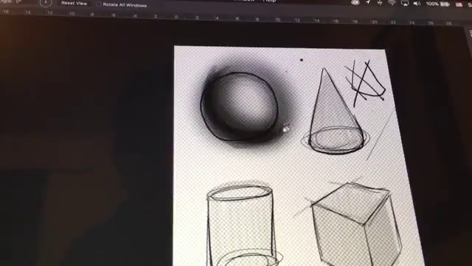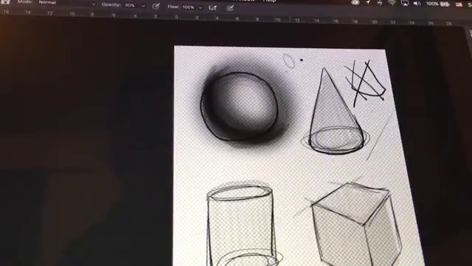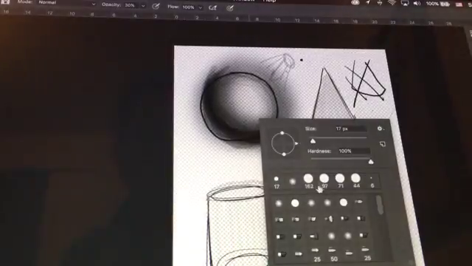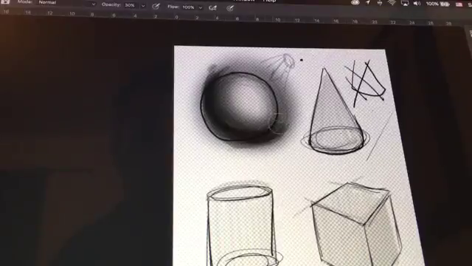As you can see here, I'm seeing that the light is coming from this direction. So I'm working with an ellipse as I'm shading in, because when you do that, it gives a sense of curvature. And like I said, no sharp edges.